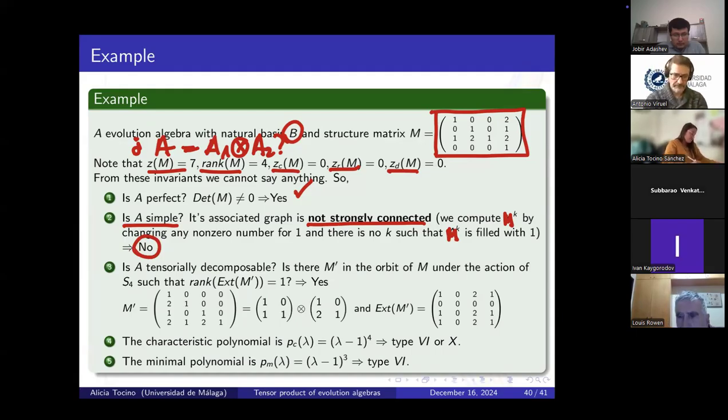Moreover, we want to know if A is tensorially decomposable. So we have to check the last thing, the rank of the extended matrix.